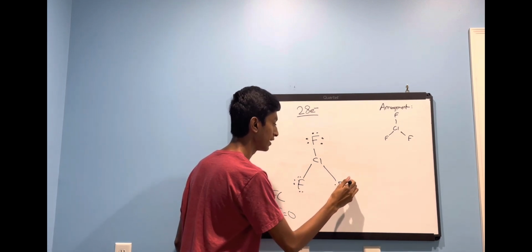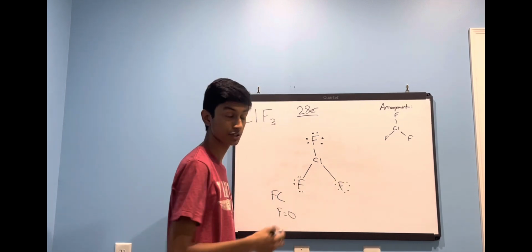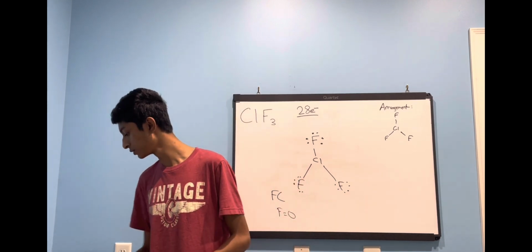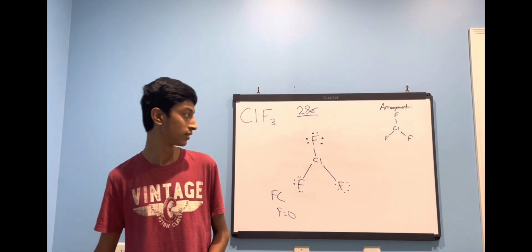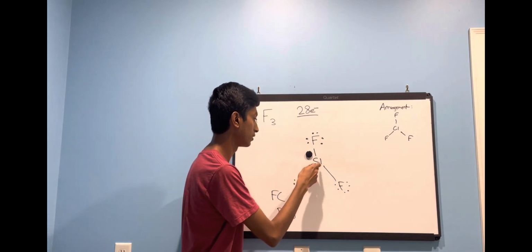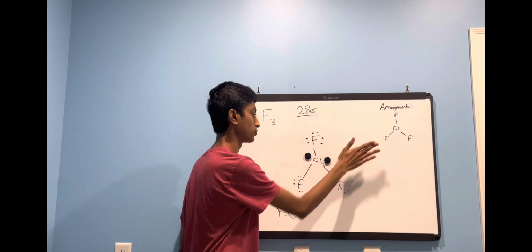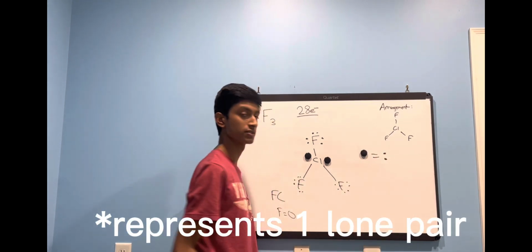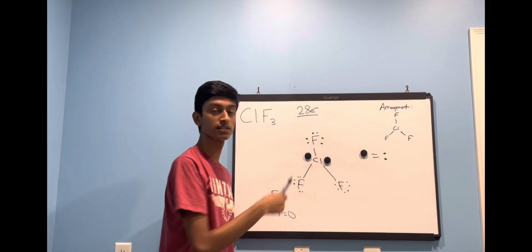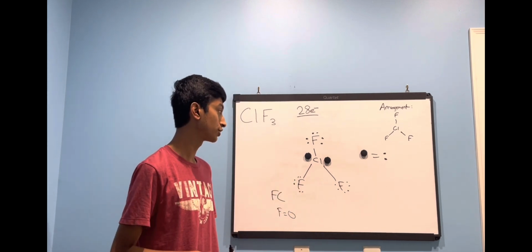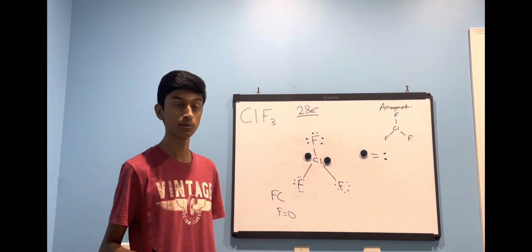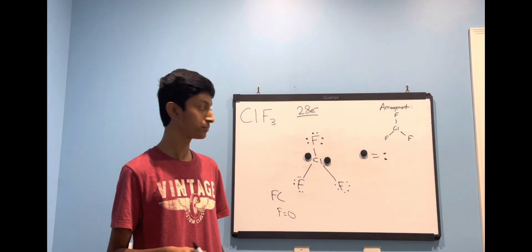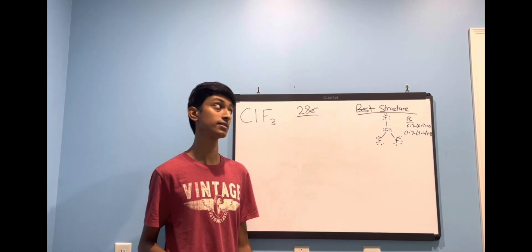And we said chlorine's going to have 2 lone pairs, 1 there and 1 there. So this is the best structure for chlorine trifluoride, with formal charges of fluorine and chlorine equaling 0.